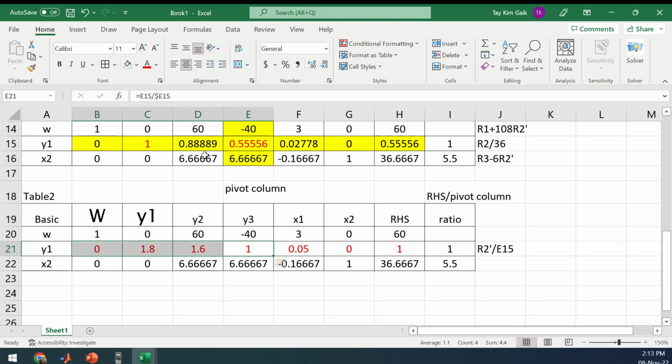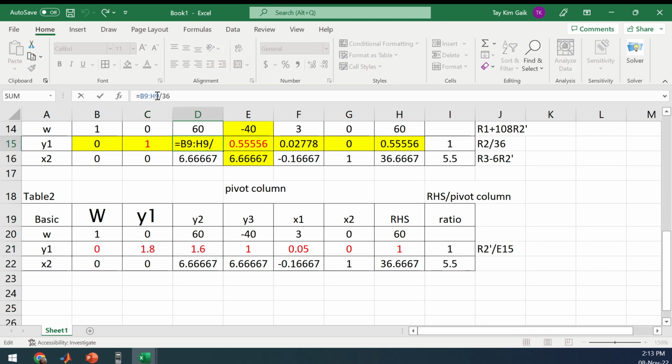Yeah, let's see this cell. Okay, this. Okay, I actually want this one. See, this cell divided by E15.